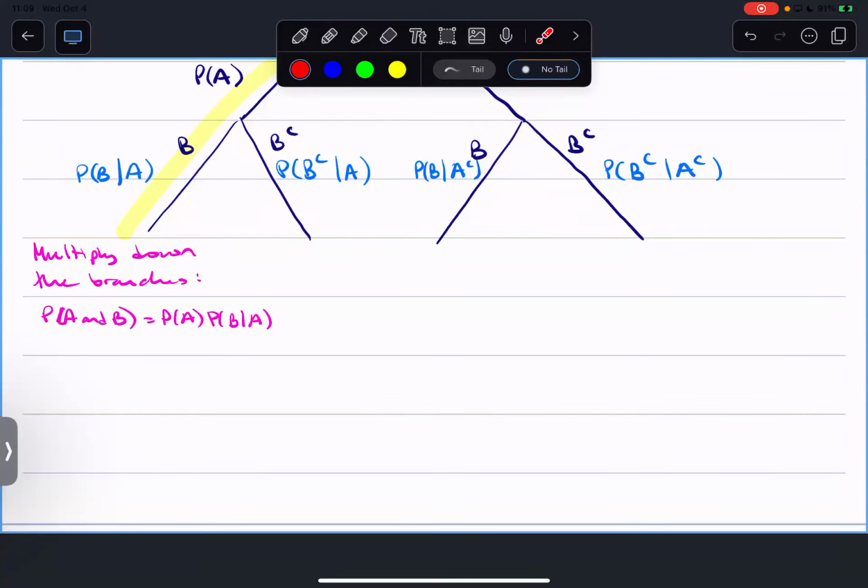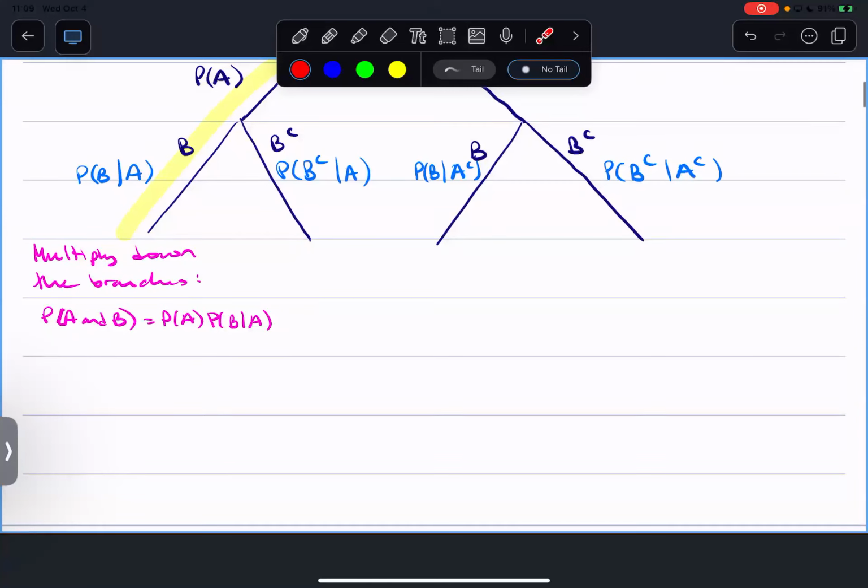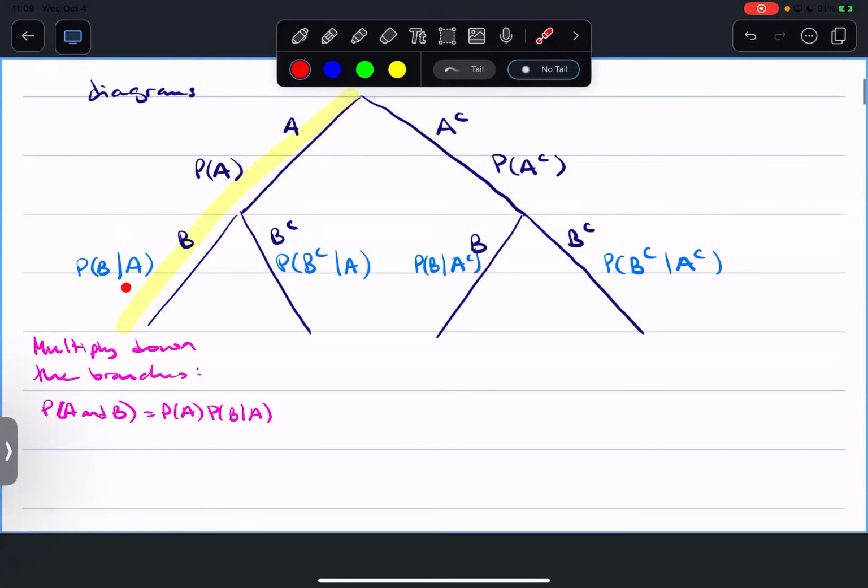So that's a special case, but you're safer by just assuming that it's a conditional probability and then arriving at, well, it's just the probability of B because they're independent, right? And so that's the special case, and this is always going to work. It looks bigger, but it's always going to work, so that's why it makes it safer.